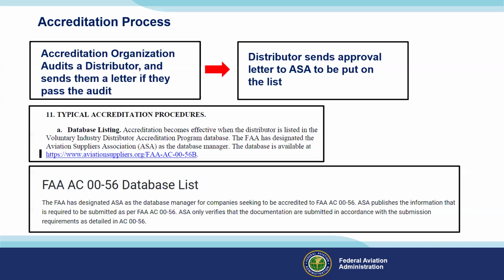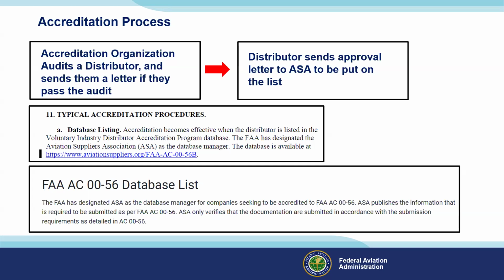And the basic process is the accreditation organization audits a distributor and they send them a letter if they pass the audit. The distributor then sends that approval letter to ASA, that's the Aviation Suppliers Association. They've been selected to be the database manager. They have the list, and they get put on the list.